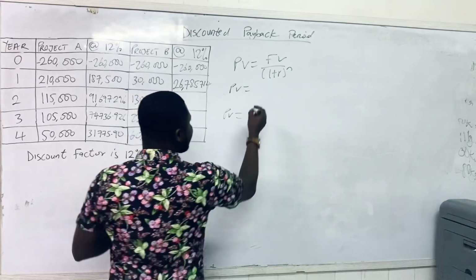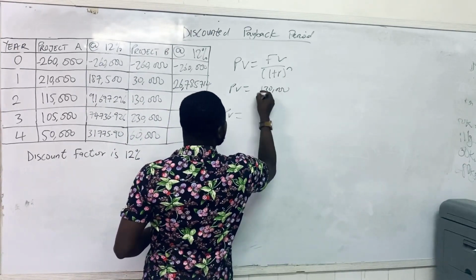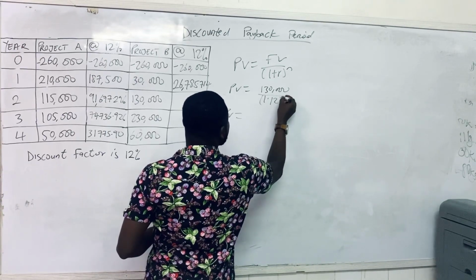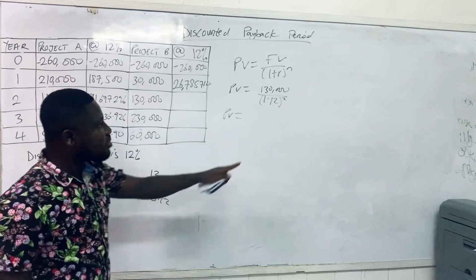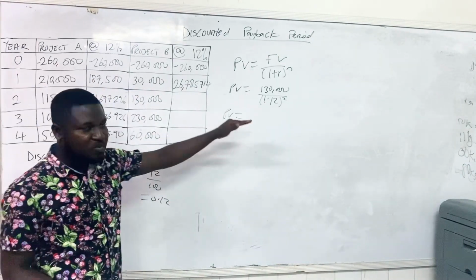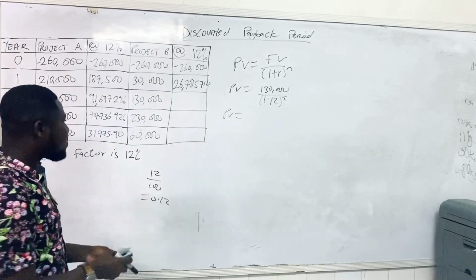Good. Now we calculate for the second year's PV. We have 130,000 all on 1.12 exponent 2. You make it exponent 2 because you are calculating for the second year. You go to the third year, you make it exponent 3. You go to the fourth year, you make it exponent 4, in that order.